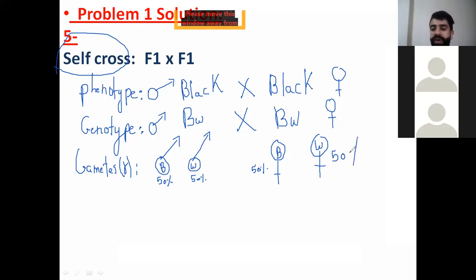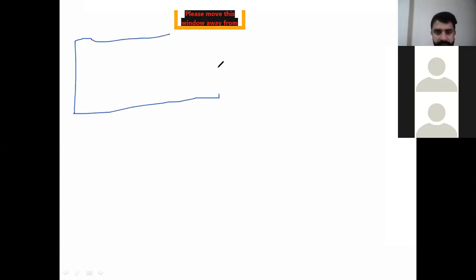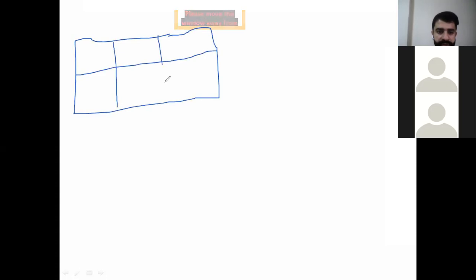This is about the phenotype, genotype, and the gametes. Let's move now to the table of cross. For the table of cross, first I have to draw it using a pencil for sure, and a ruler, not using my hand like Mr. Muhammad is doing right now. So using the box, male and female, I have to divide it into two, and then put male and female.